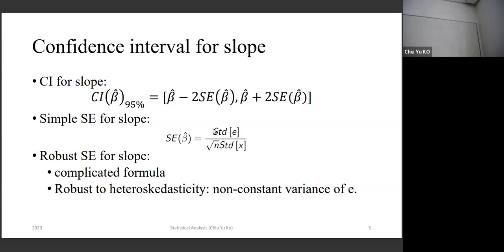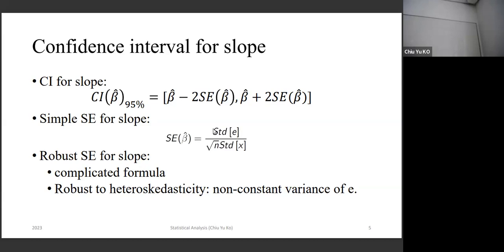That's why you expect the confidence interval for the slope is just plus or minus 2 standard errors, because the bell curve applies. If the bell curve doesn't apply, then you can't do it. And probably you ask, if the bell curve doesn't apply, you can actually do bootstrapping.